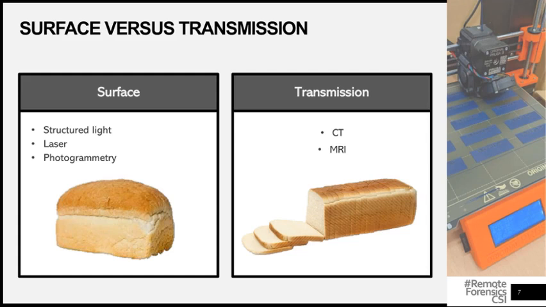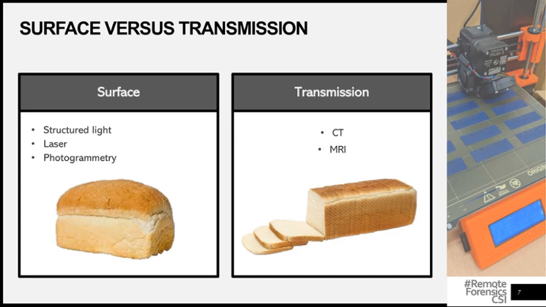We can use things like structured light, laser scanning, photogrammetry. Photogrammetry is a technique where you take a lot of pictures, 360 around the whole object, and software uses matching features to create a 3D model out of those 2D photographs.